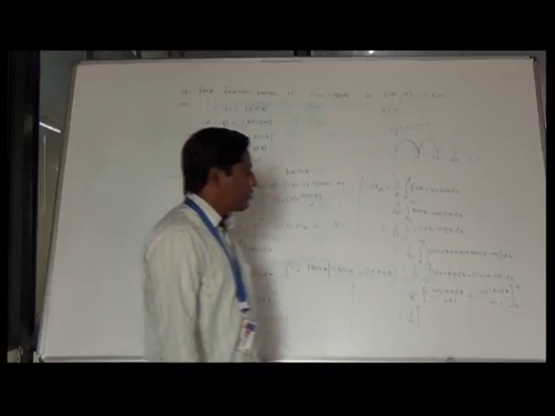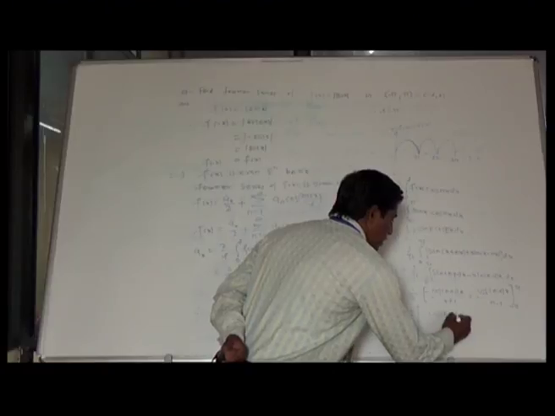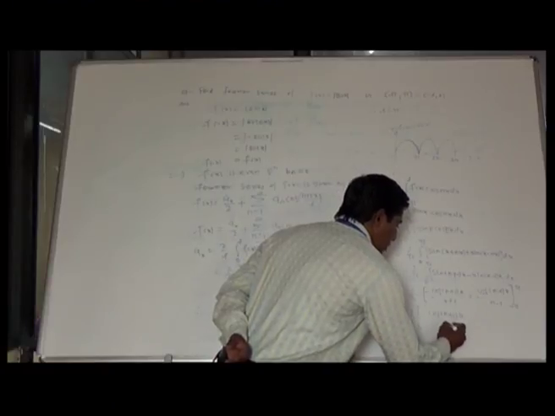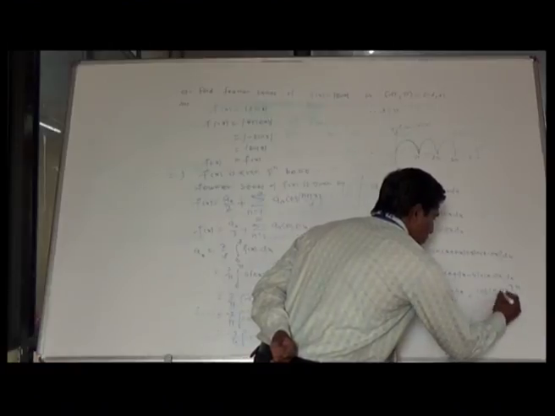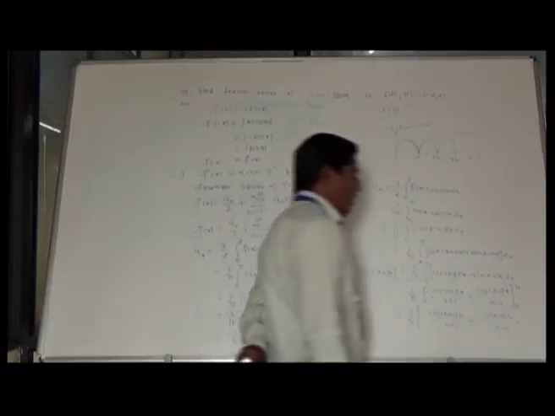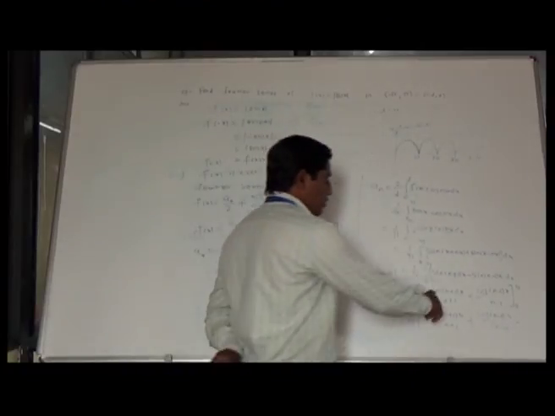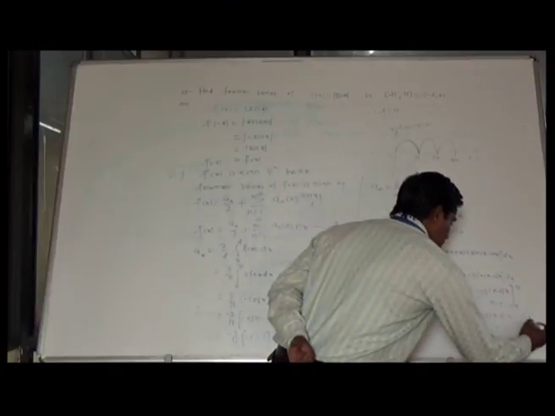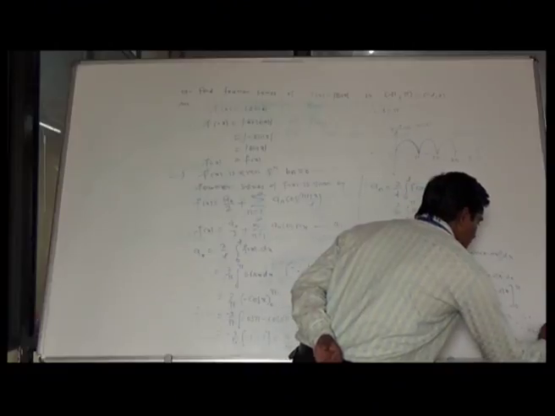Put the upper limit x equal to pi, we get minus cos (n plus 1)pi upon n plus 1 plus cos of (n minus 1)pi upon n minus 1, minus the lower limit, put x equal to 0. So cos 0 is 1, so minus 1 upon n plus 1 plus cos 0 is 1 upon n minus 1, bracket close.